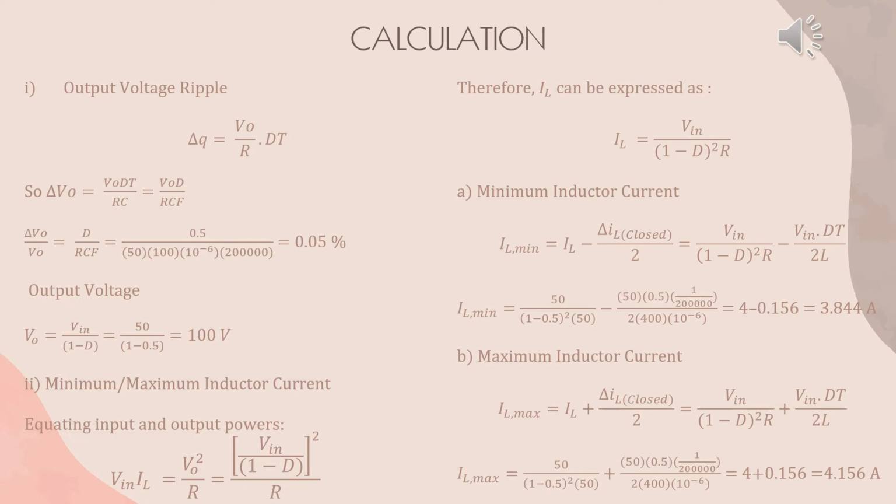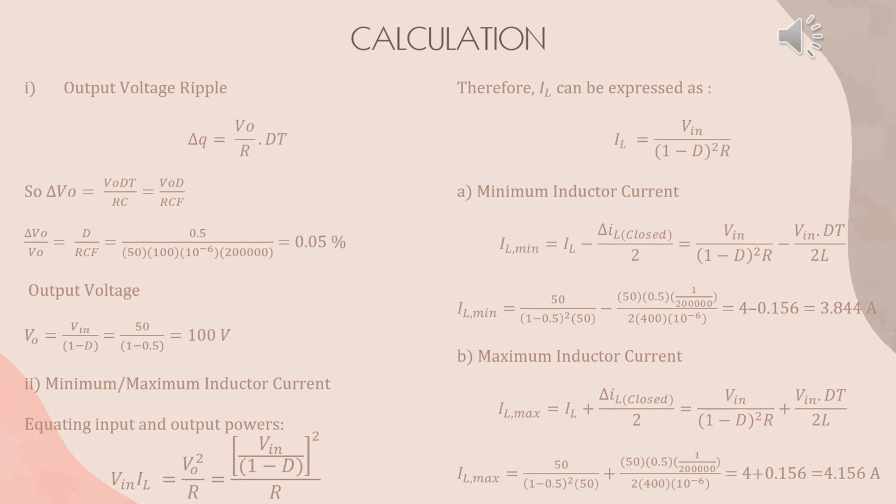Our Vin value is 50, our D is 0.5, our T is 1 over f, which is 1 over 200,000, and our L value is 400 times 10 power of -6. We put these values into the formula and got 3.844 ampere for minimum inductor current.